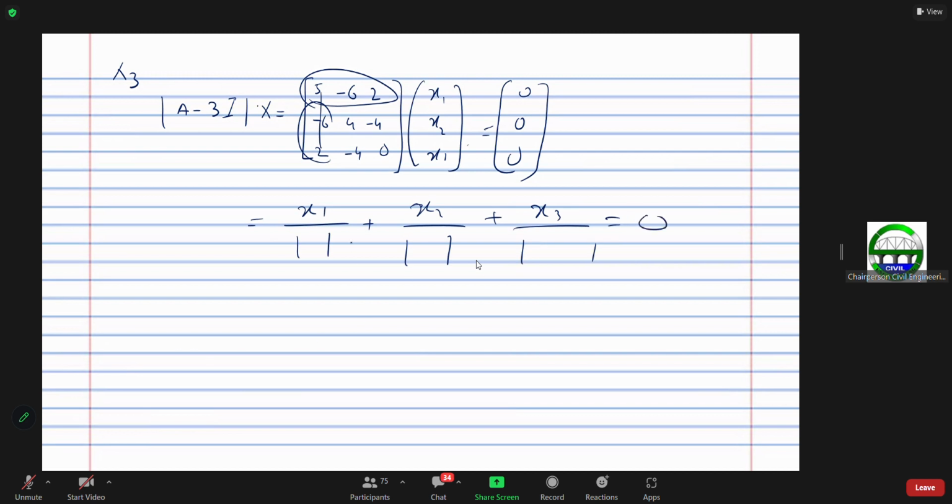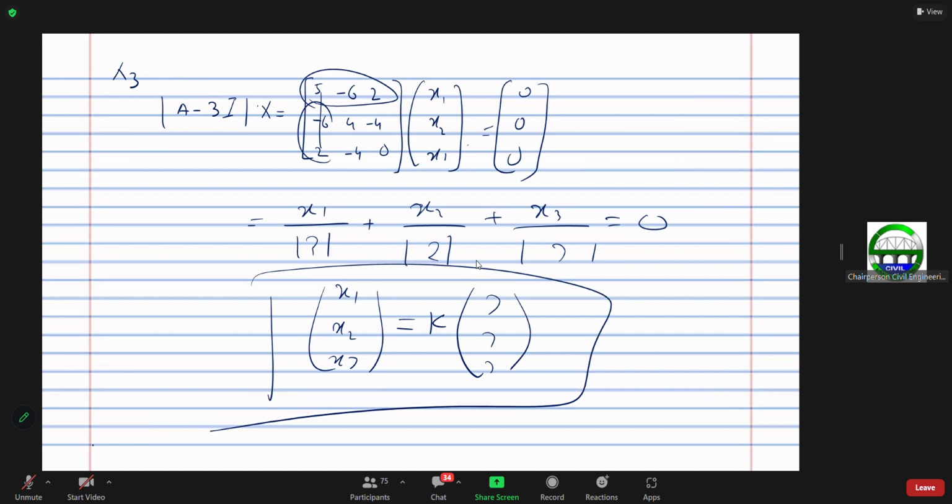And then finally you will have x1, x2, x3 equal to k, and whatever values you get in here, in here, in here, this one will be your second characteristic value, and then you will have the third characteristic value as well.